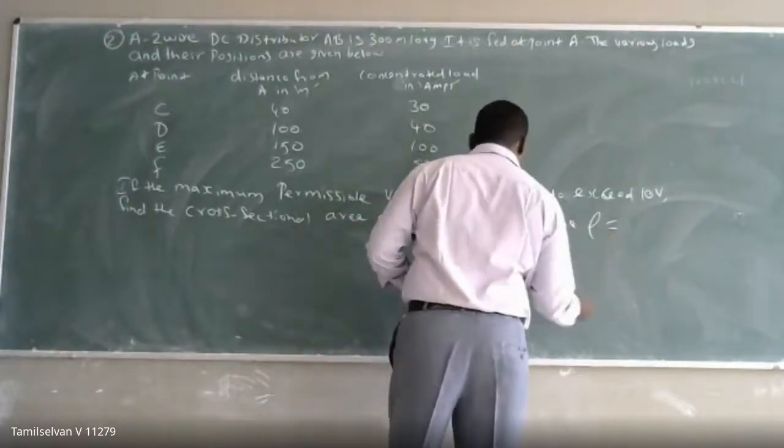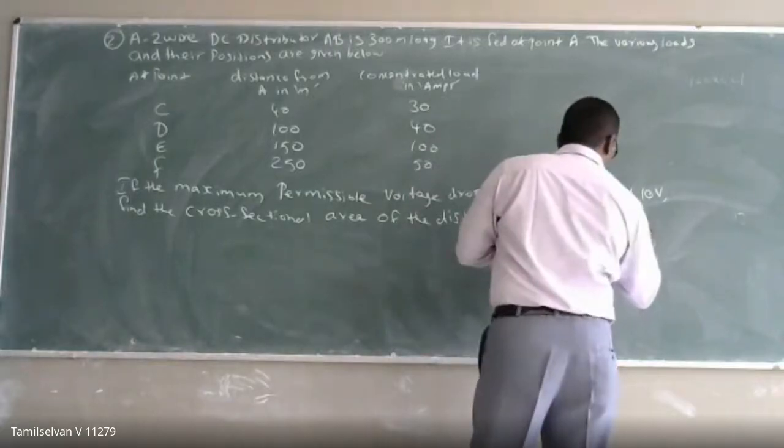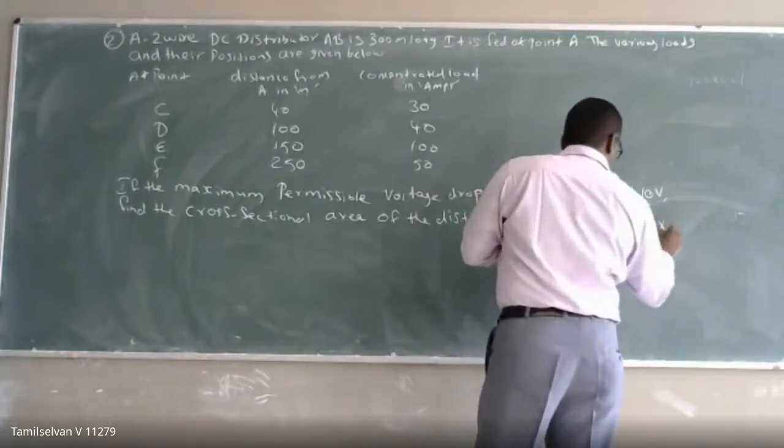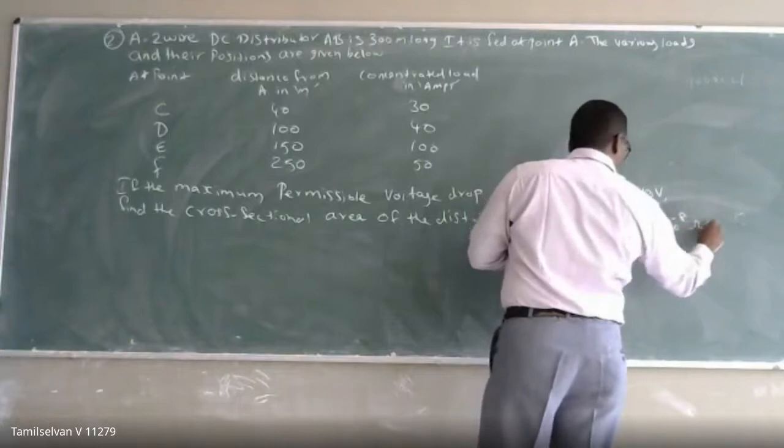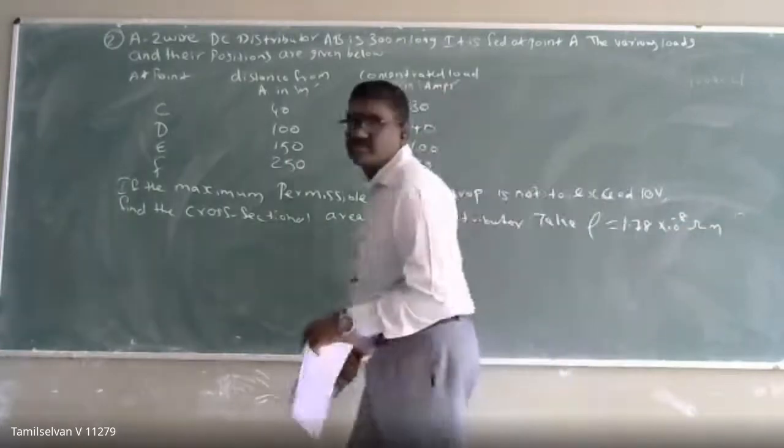Take rho, specific resistivity, as 1.78 into 10 power minus 8 ohm meter.